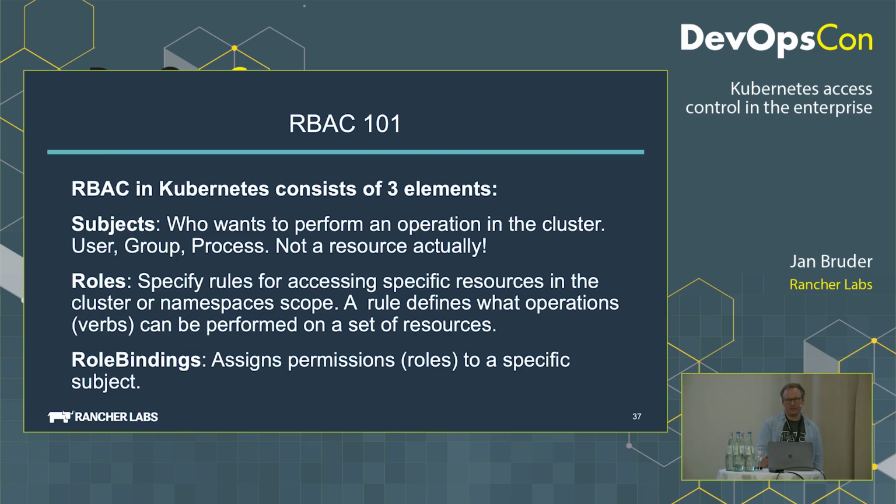The verb defines the CRUD privilege: create, read, update, delete, and also some additional Kubernetes-specific verbs, like watch, to listen to events on that resource. And then the final piece that puts these together is the role binding. That is where a subject is mapped to a role in a specific namespace or in the whole cluster.